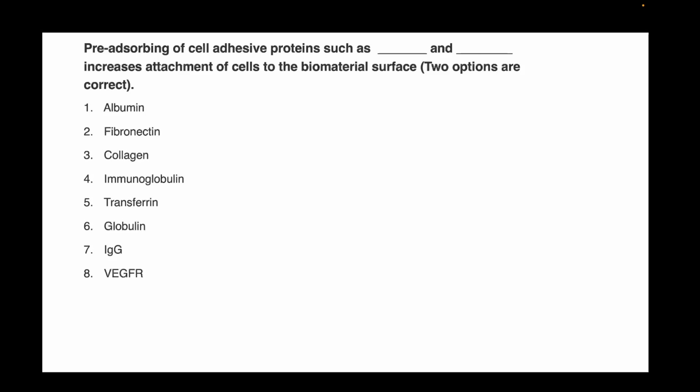Anybody would like to answer which of these cell adhesive proteins increases cell attachments to the biomaterial surfaces?